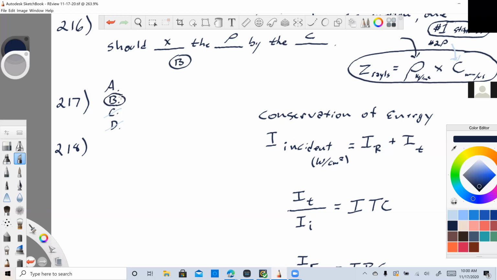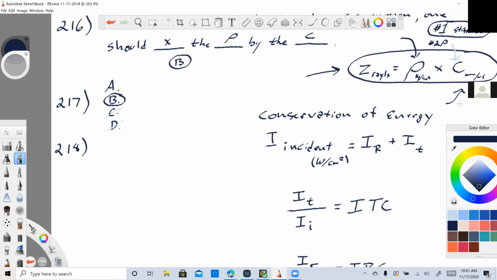That's a really sneaky way of asking two questions at once. Whether or not you know this equation and what it means, it's also asking whether you know what determines the speed of sound.